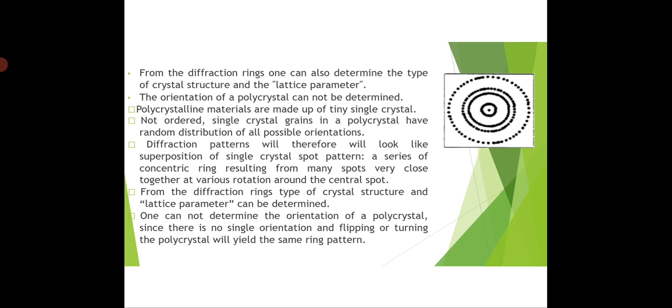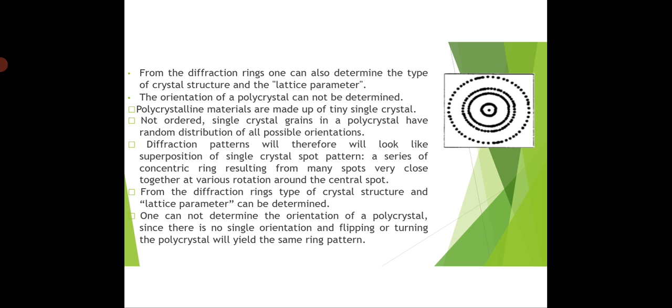Polycrystalline materials are made up of tiny single crystals, not ordered. Single crystal grains in a polycrystal have a random distribution of all possible orientations. The diffraction pattern will therefore look like a superposition of single crystal spot patterns, a series of concentric rings resulting from many spots very close together at various rotations around the center spot.